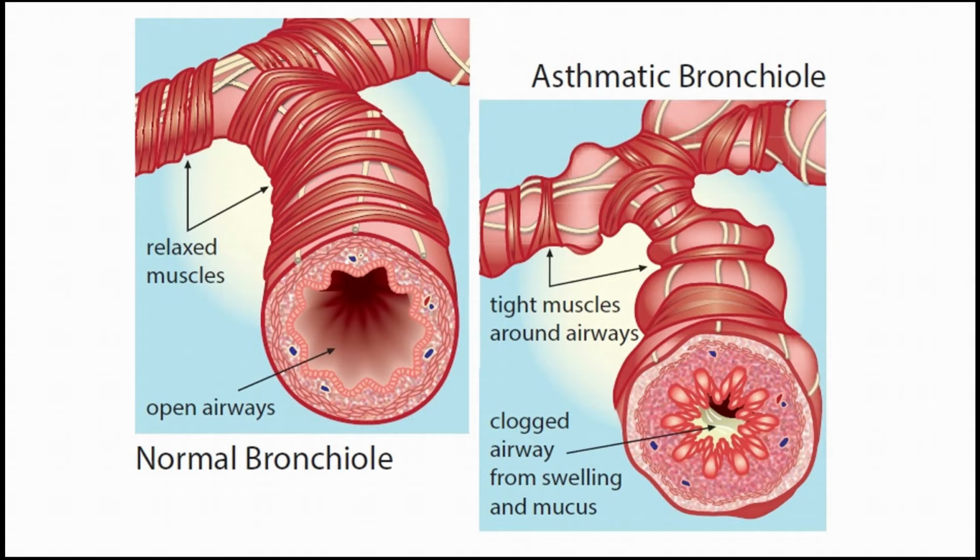So here's a nice, beautiful, non-edematous, open, patent bronchiole. Here is an asthmatic bronchiole that is edematous, with lots of mucus-producing cells that plug the airway, the same pathology as in COPD, chronic bronchitis. And then I get these areas of bronchospasm related to this irritability.